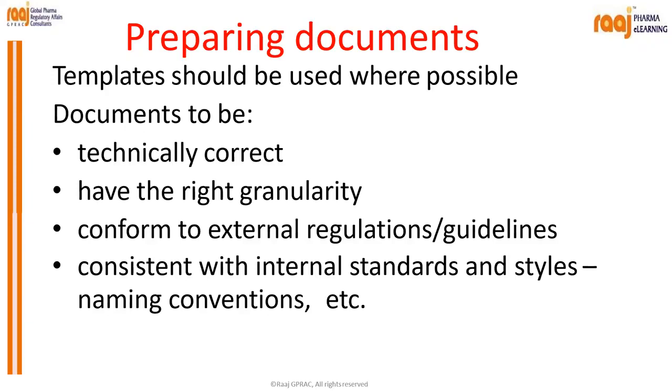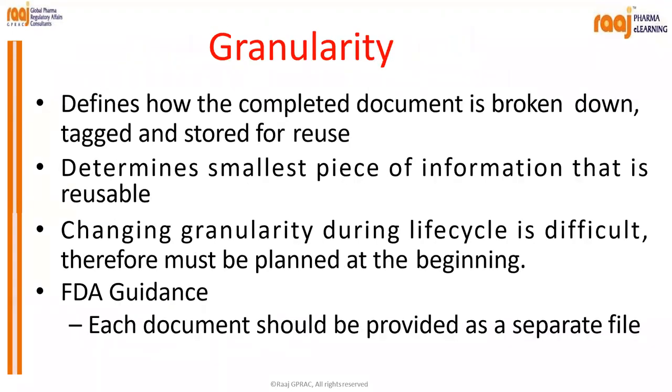It should be consistent with your internal standards, styles, naming conventions, etc. And all the intelligent PDF files have to be there so that they are easily traceable when you apply a search engine. Whenever you want to search for, suppose, validation of paracetamol tablet, it would easily search through your entire folders.